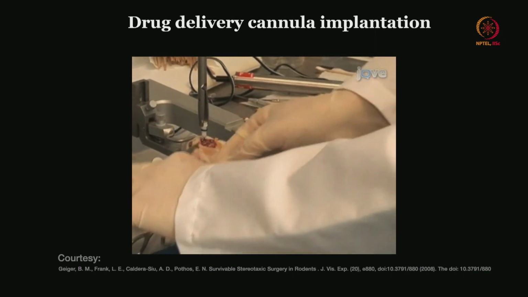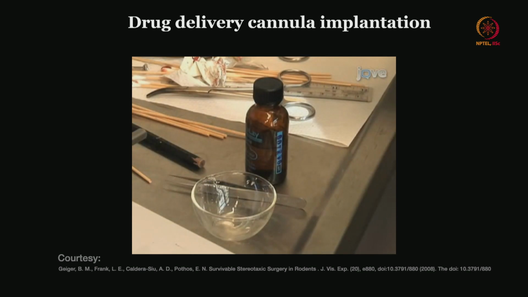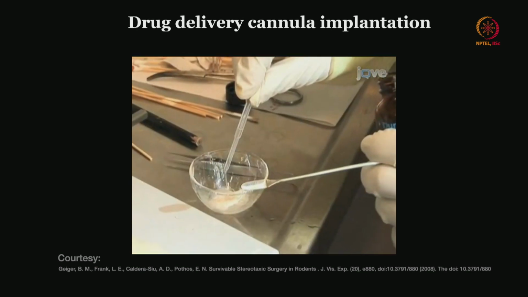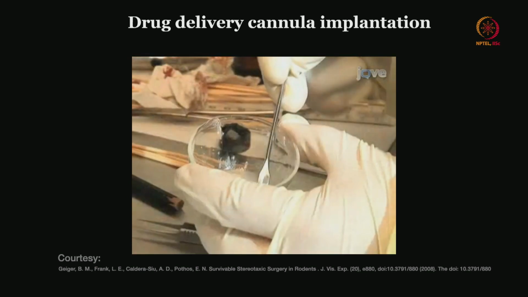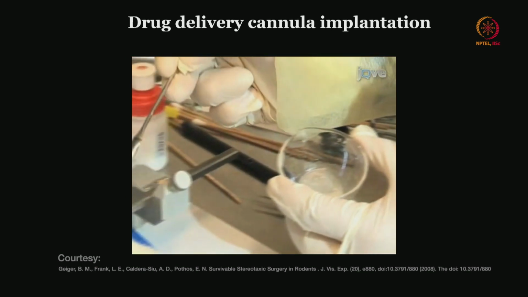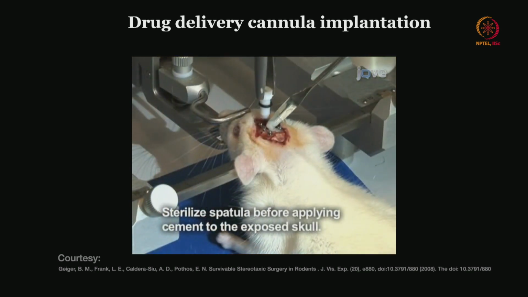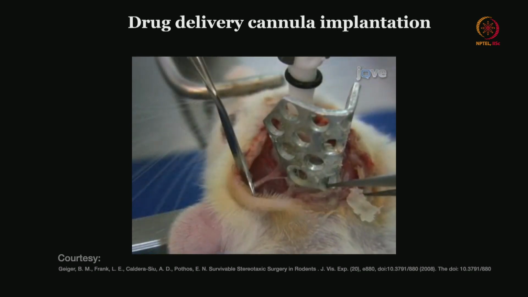Once the cannula is in place in the target, one needs to mix the dental acrylic cement and make sure it forms a nice paste, and using the spatula nicely spread it out around the screws and around your cannula.